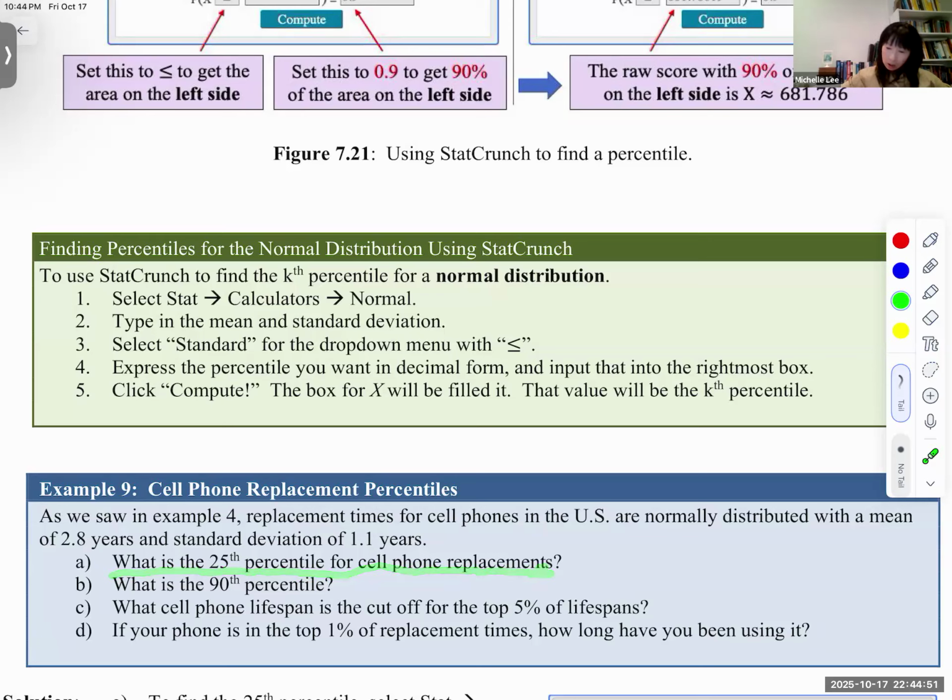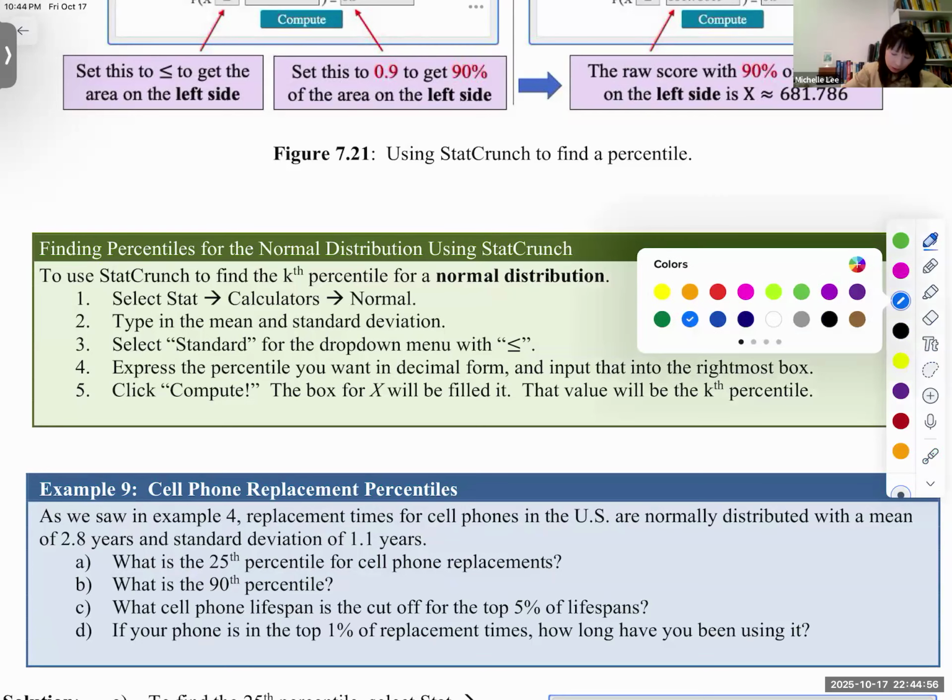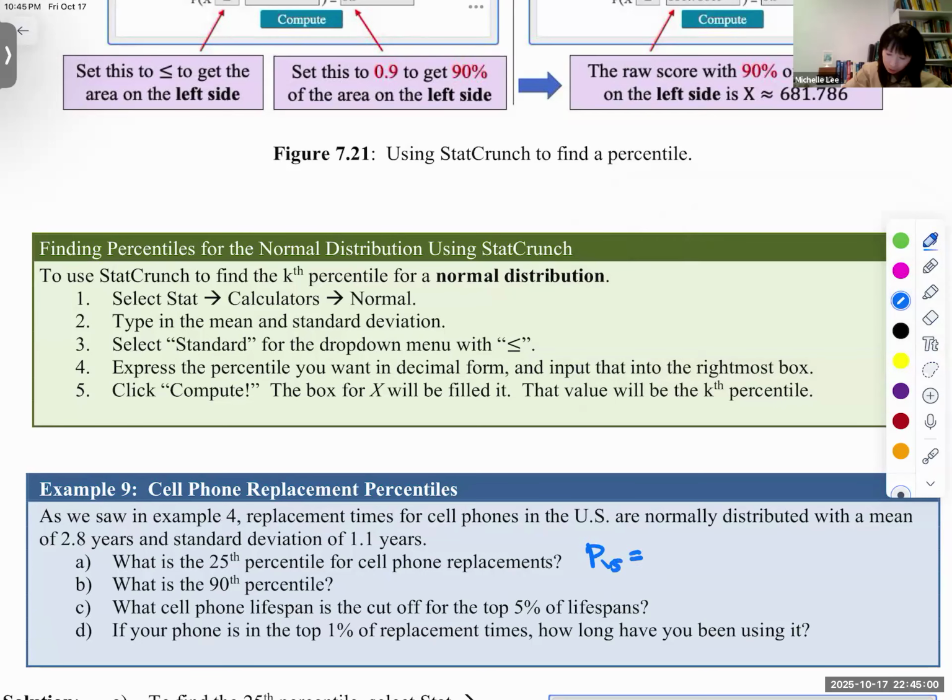The 25th percentile means P sub 25 equals 0.25, so it's a probability. We put 0.25 on the other side. We want to find what is the X value.